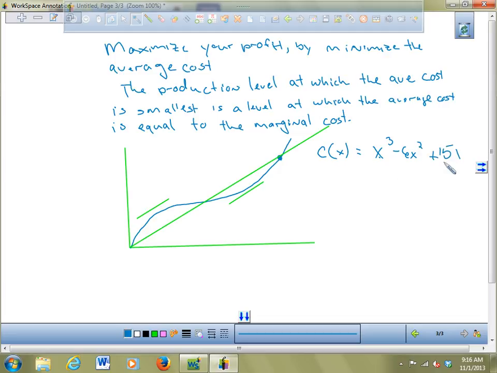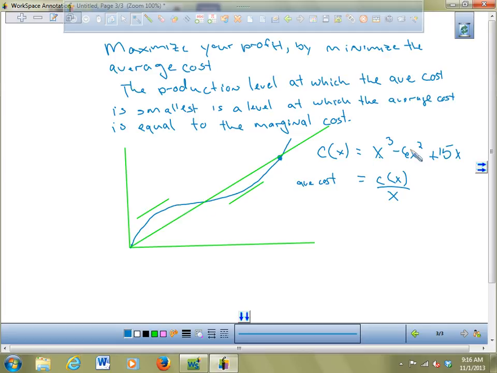And so the average cost is going to be the cost at any point divided by x, right? Because if C of 0 is 0, and C of x is something else, the bottom length is going to be x.